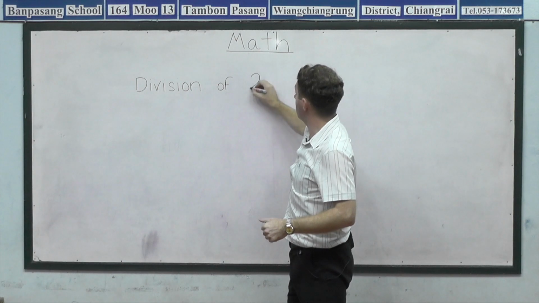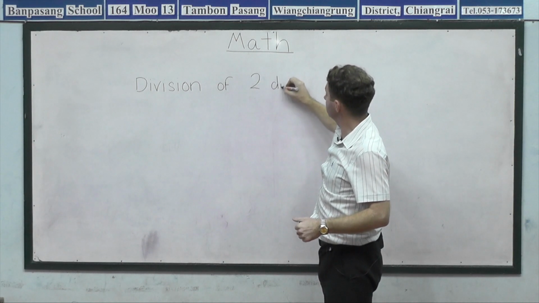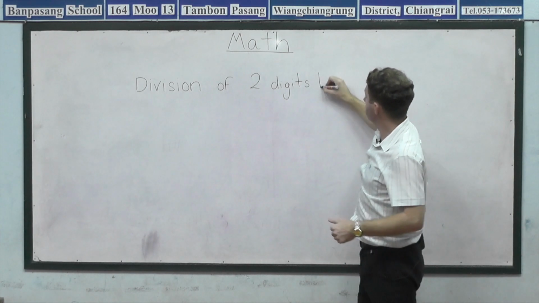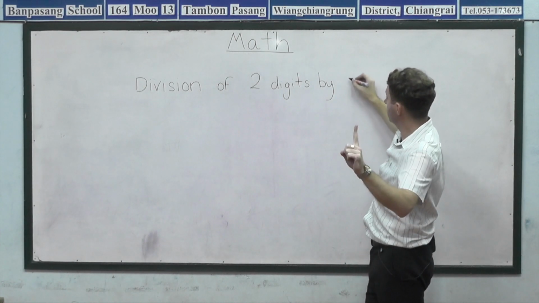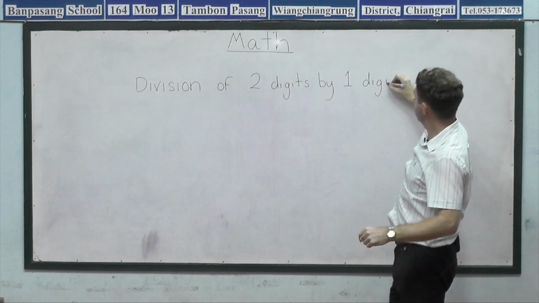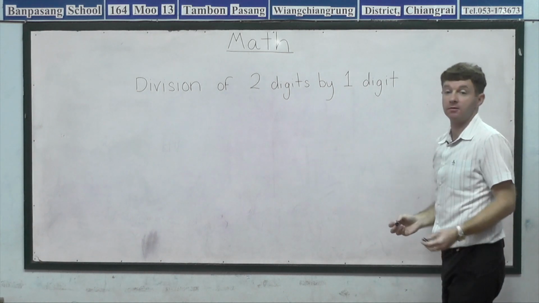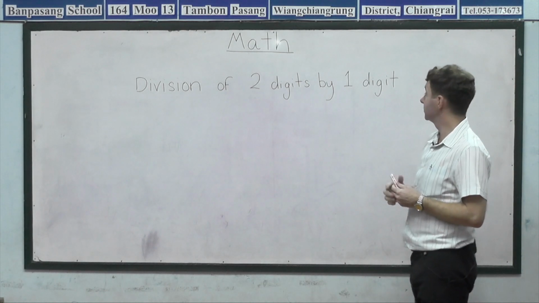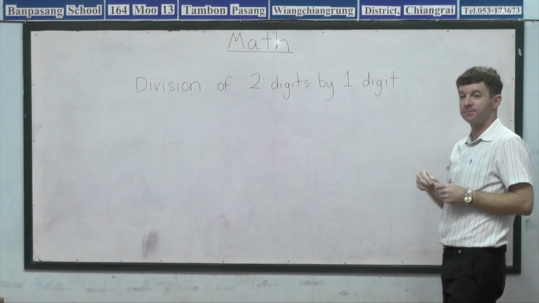Excellent. Division of 2 digits by 1 digit.